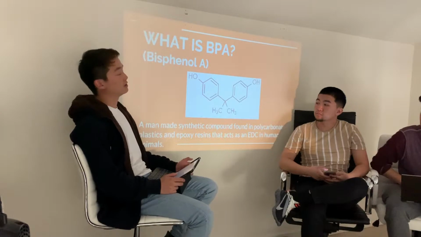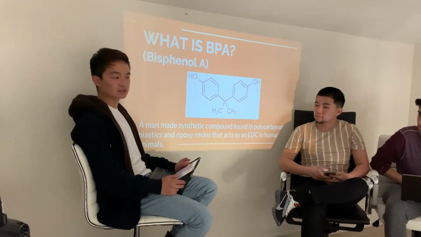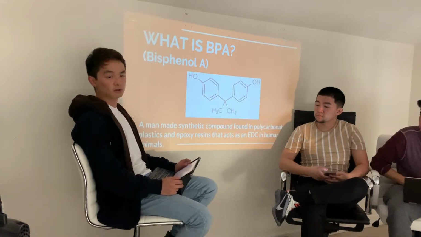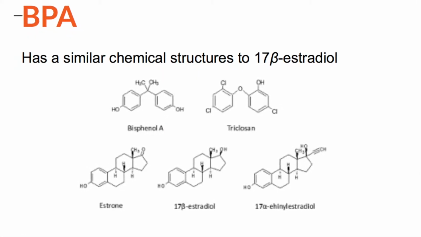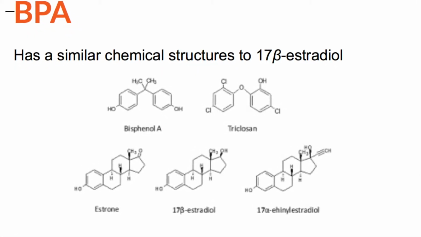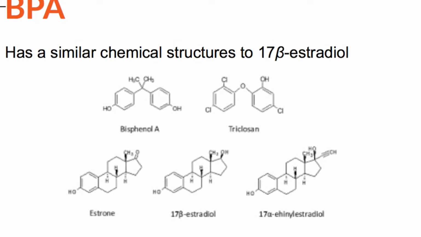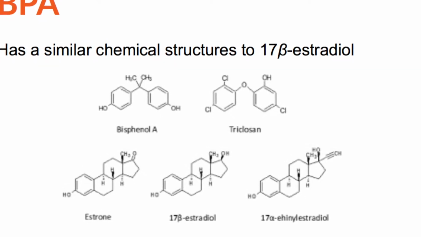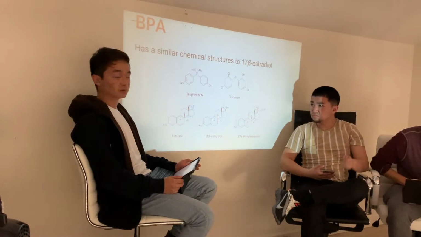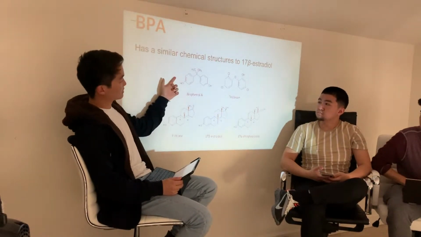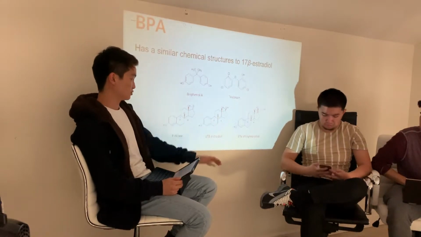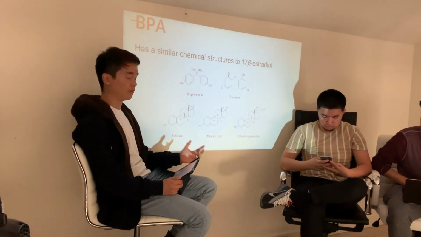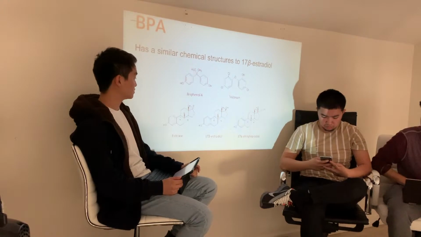The harmful effects of BPA is due to its xenoestrogen effects, which basically means it binds onto estrogen receptors, alpha and beta. And we know that binding onto estrogen receptors has adverse effects on reproduction, cognition, and behavior, as well as development. But here's the structure for BPA, and here's the structure of 17-beta estradiol, which is the most prevalent form of estrogen that we use as humans.